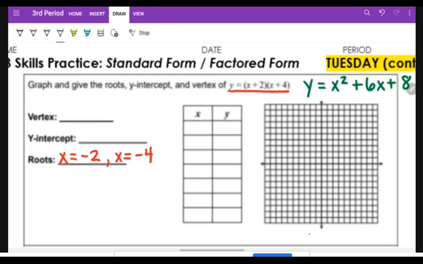And since our c value is 8, our y-intercept is 0, 8. Our vertex comes from -b over 2a, so we'll have to find our b, find our a, plug those in. We end up with -3. Then to find the y value, we put -3 back in our equation, and that'll give us the y value of the vertex, which is -1.